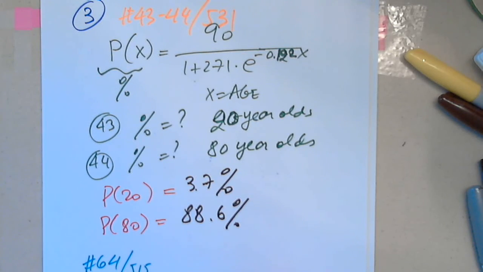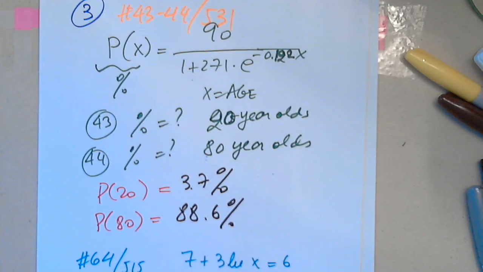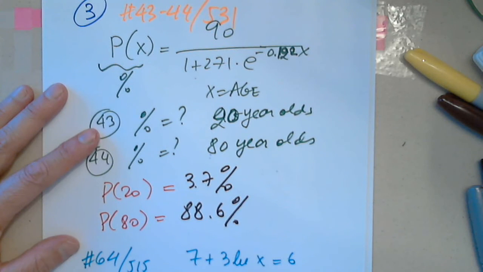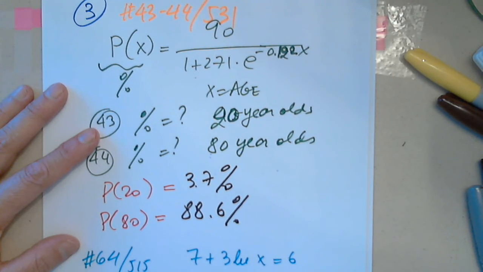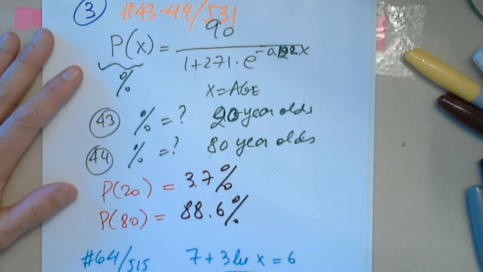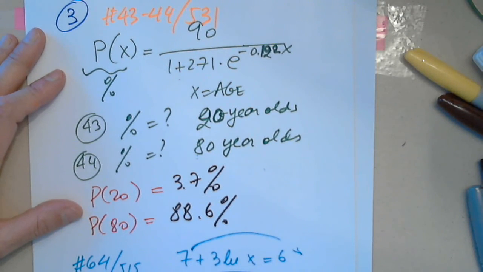And the problem is 7 plus 3 natural log x equals 6. Okay. We want to solve for x, but first we have to state the very important restriction, that x has to be a positive number. The next step, I hope you agree, we have to clean it up. So then 3 natural log x equals -1.